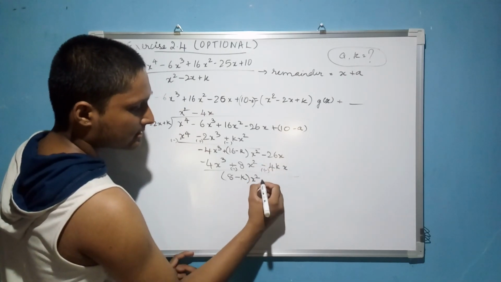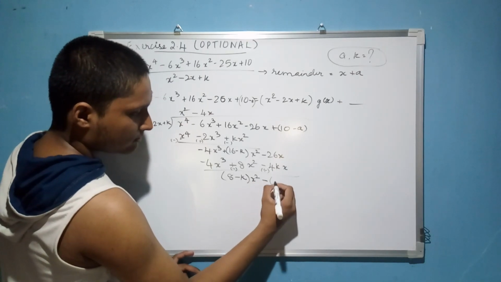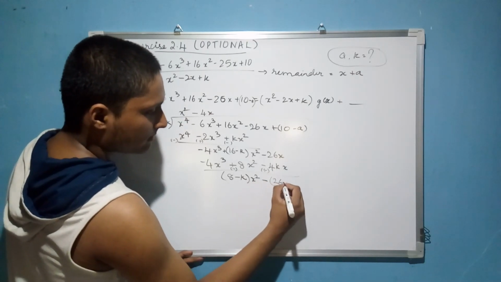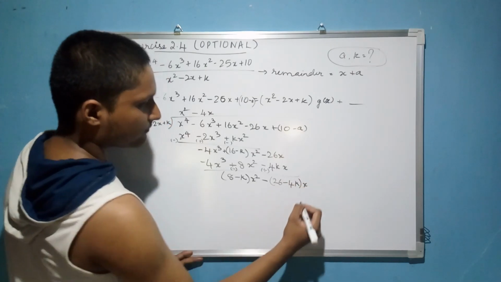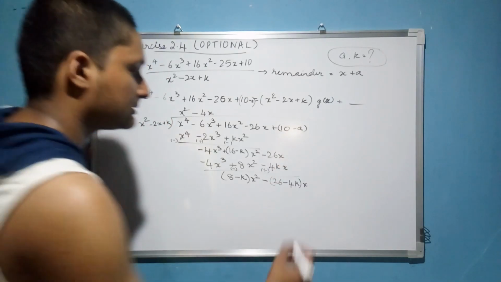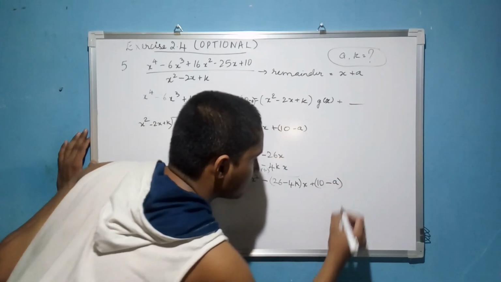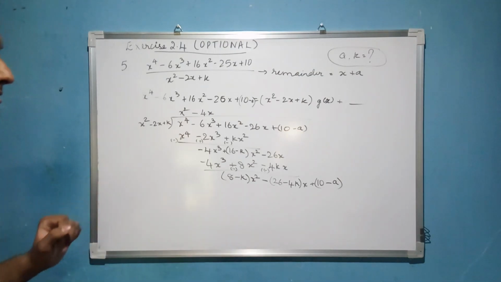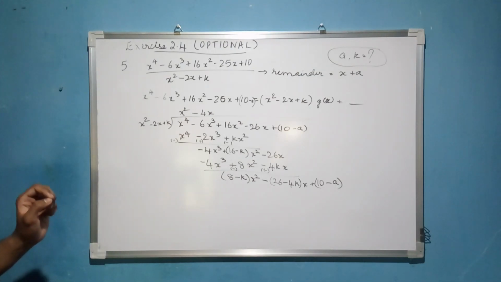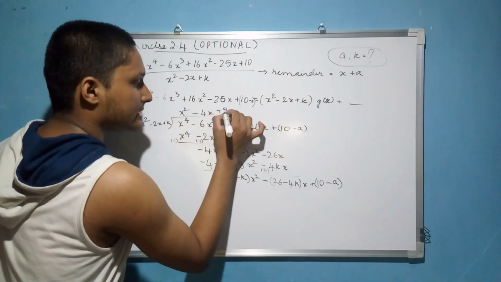Then we have 26 minus 4k into x with a negative sign. Then bring that down, that is 10 minus a. How do we get the next term? We have 8 minus k here, so we divide by 8 minus k.